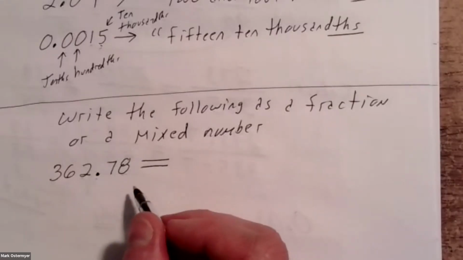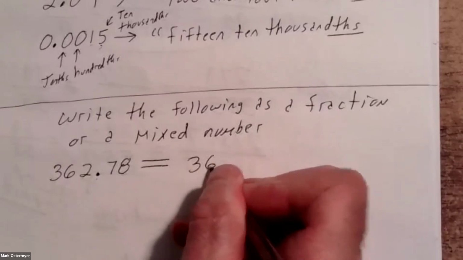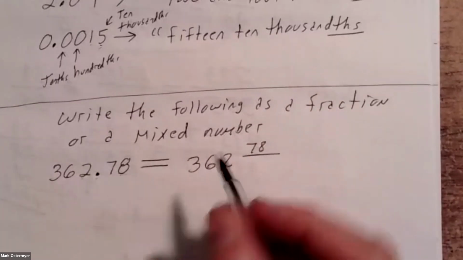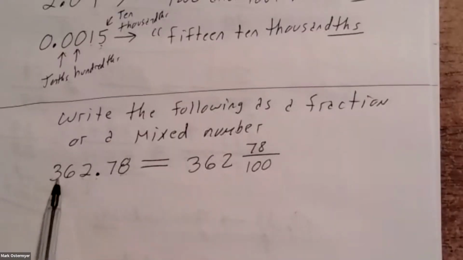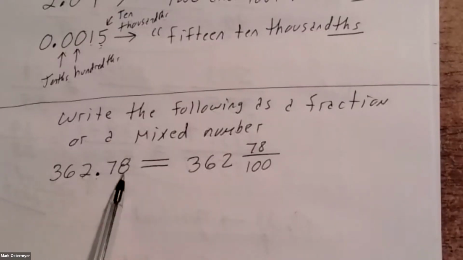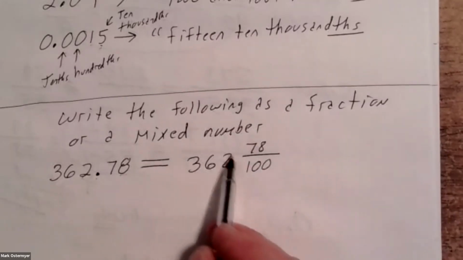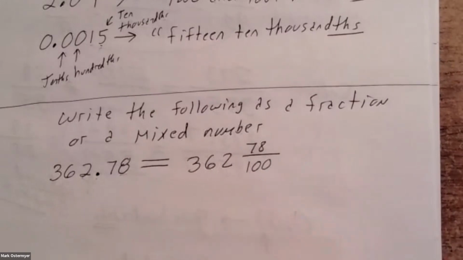So we would write it the way we read it: 362 and 78 hundredths. This is called a mixed number because it has a whole part and a fractional part. Everybody understand how we wrote this decimal as an equivalent mixed number? So you write it the way you read it.